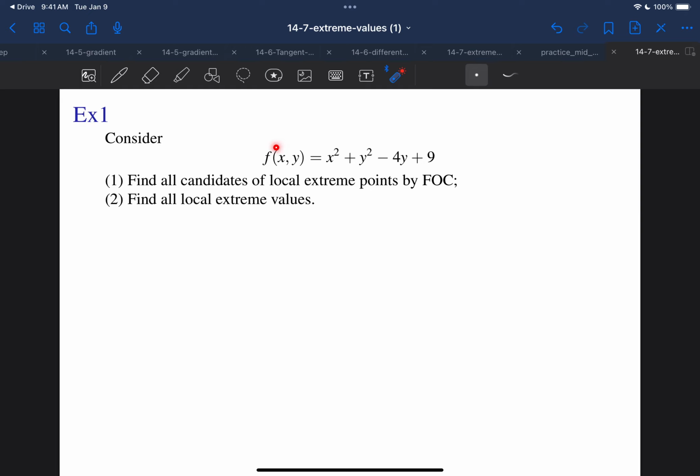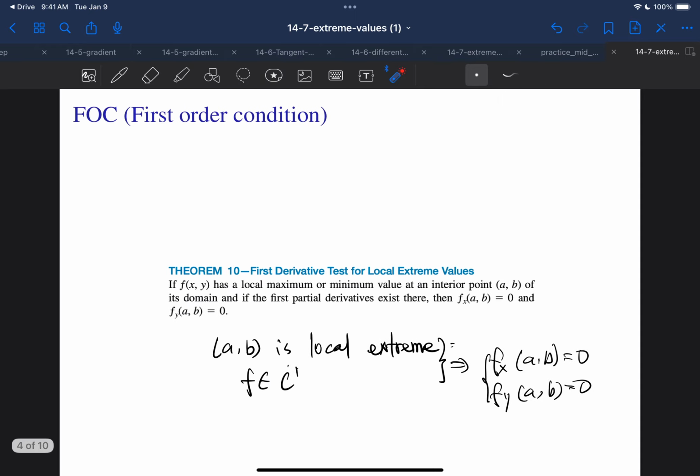Given a surface like this, we want to find local extreme values. We first want to apply FOC. FOC doesn't guarantee you find a local extreme, but it gives you candidates.